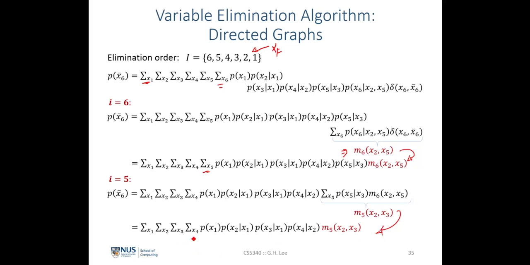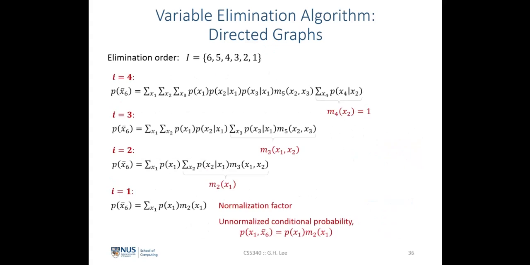Then we'll look at the next elimination term, which is X4, and so on and so forth. So at every step we will push in the summation, compute the message, and pass it into the next step, compute the next message, and also pass it into the next step, until we finally exhaust all the summation terms in the marginalization expression.